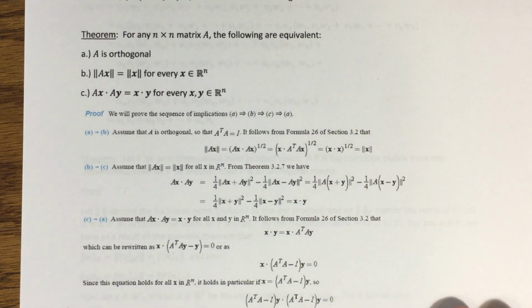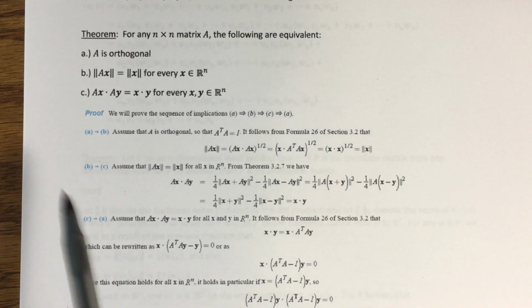You'll see this proof came straight out of the book, and it'll reference the formulas and the sections in which they're found if you want to go back and look at those. But we talked about them a while back. I'm just going to go straight to it here.